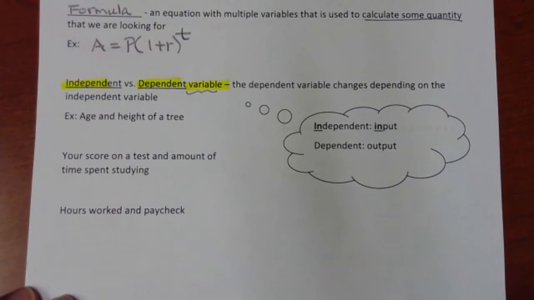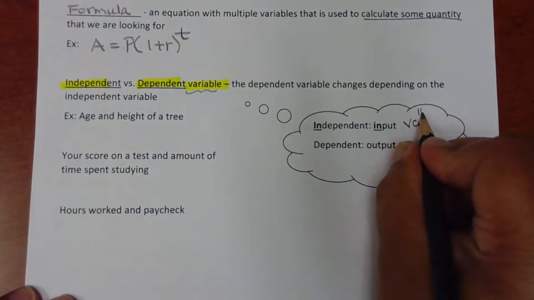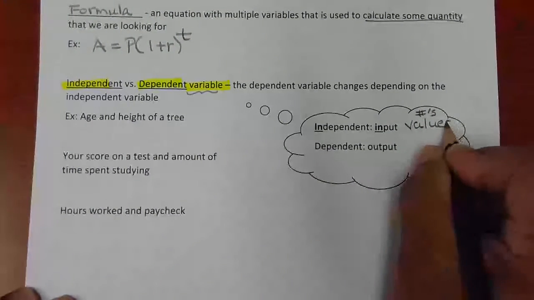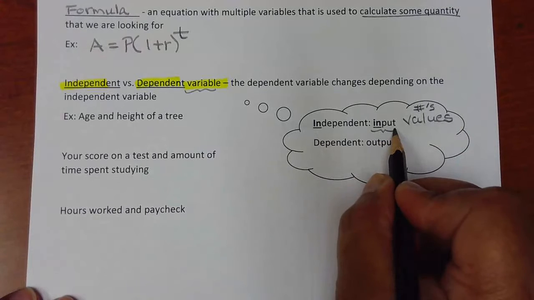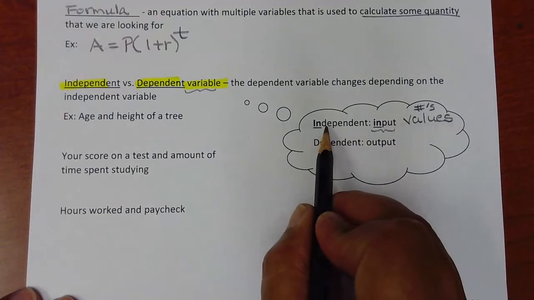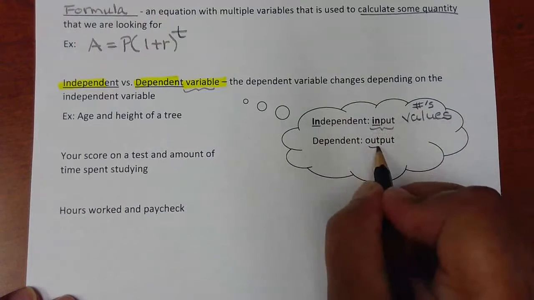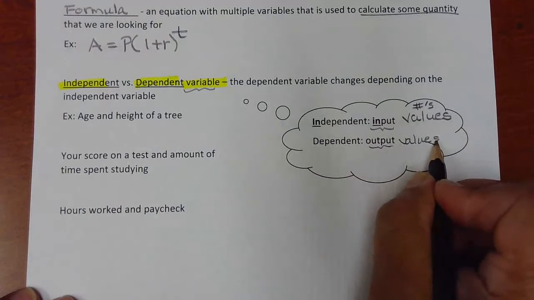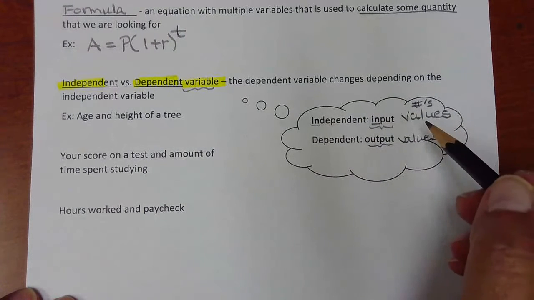When you're talking about the actual values, the actual numbers, then we refer to them as an input value or an output value. The input value is associated with the independent variable, and the output values, the actual numbers themselves, can change, that's why I put an S on it. It doesn't have to just be one value.